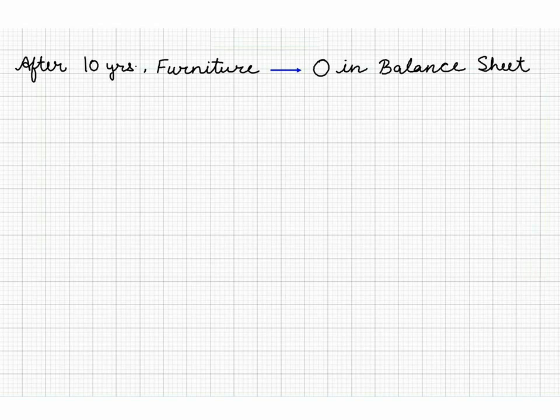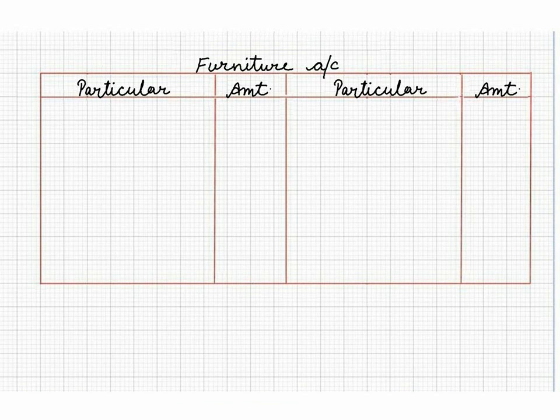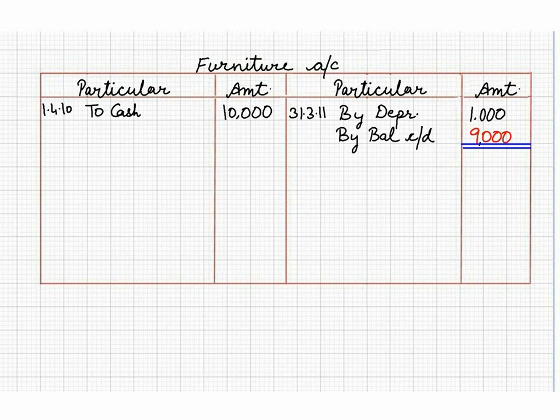So if you prepare the furniture account, how will the furniture account look? On 1st April 2010, to cash rupees 10,000 and on 31st March 2011, by depreciation rupees 1,000 and by balance CD 9,000. This by balance CD 9,000 will become to balance BD on 1st April 2011.